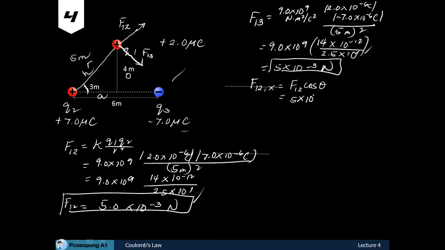That's 5 times 10 raised to negative 3 times 3 over 5. And we get an answer of 3 times 10 raised to negative 3 newtons. For the y component, we have F12 sine theta, and sine theta is equivalent to opposite side over hypotenuse. So that's 5. Actually, that's 4.